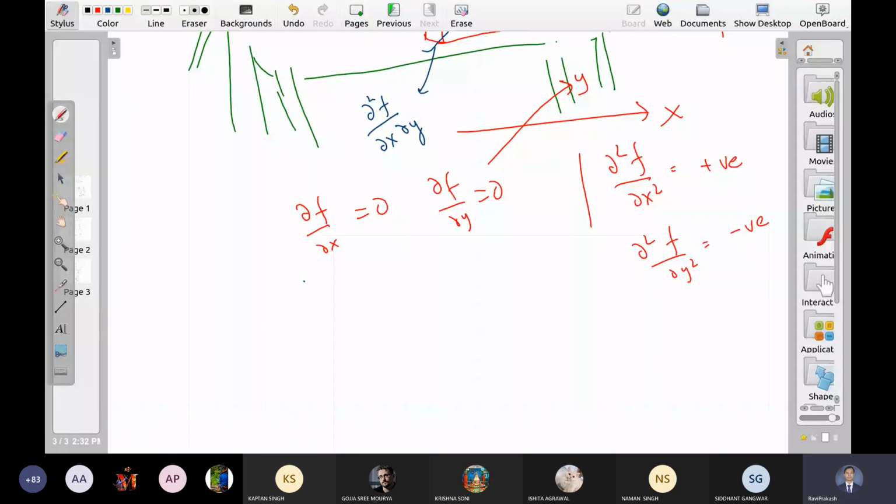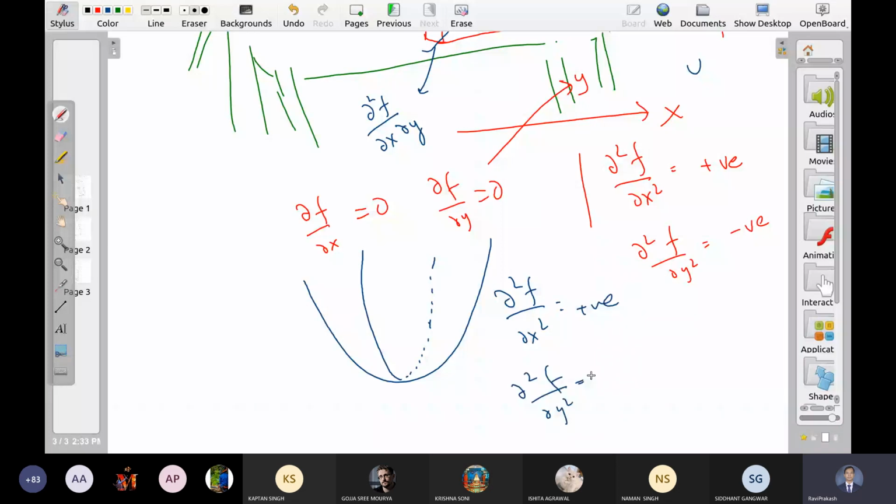Like this. From whatever direction you approach, this looks like a minima. Here, all the terms for minima are positive, positive, 0, negative, no, negative, 0, positive, positive. And the second derivative is also positive, right?